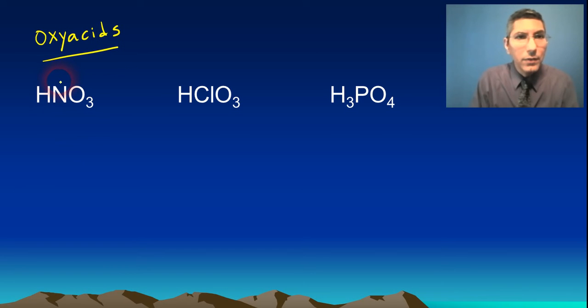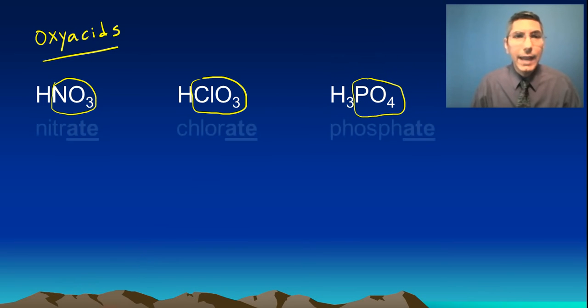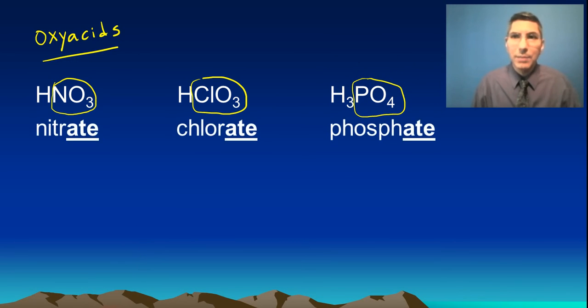Now there's something else that these three acids have in common as well. If we focus on the anion, so just focus on that NO3 and the ClO3 and the PO4, those are all anions that have suffixes that end with -ate. So in the last examples we had -ide, here we have -ate. And so the way this works is you'll just drop the -ate, and you'll replace it with -ic.